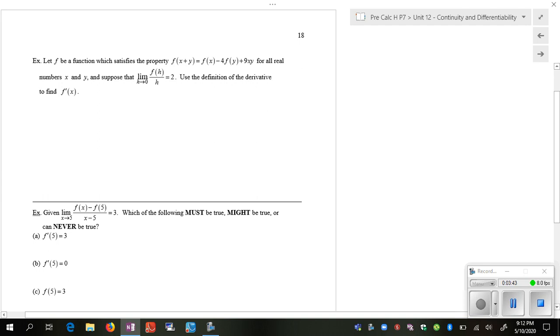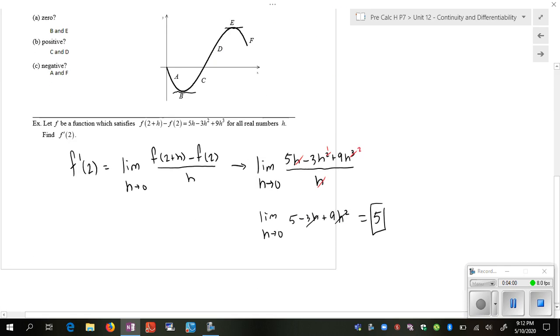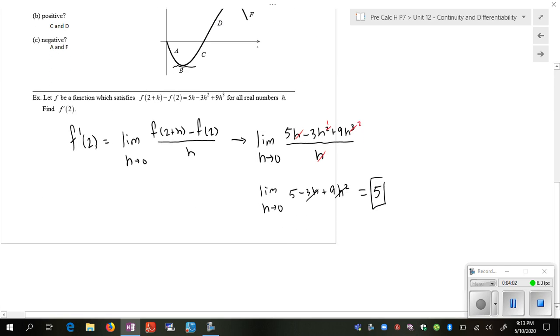Okay. All right. So again, kind of a tricky example, forcing us to understand function notation, how to manipulate this using the limit definition. So this one says use the definition of the derivative to find f prime of x. So if I flip back real quick, we just did f prime of 2. When it was f prime of 2, I had 2 plus h and 2 in the parentheses.